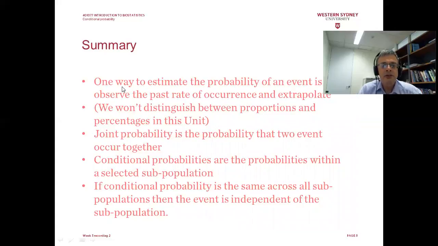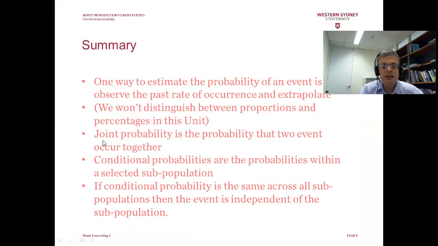So in summary, one way to estimate the probability of an event is to observe the past rate of occurrence and to extrapolate those probabilities to the future. Technically, we should be looking at proportions, but we're going to use percentages probably more often in this unit.